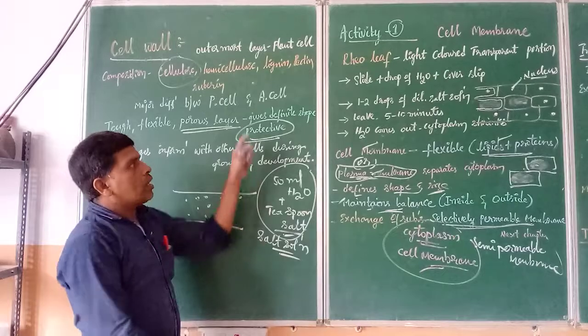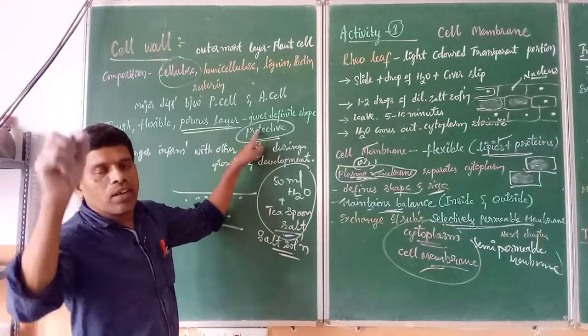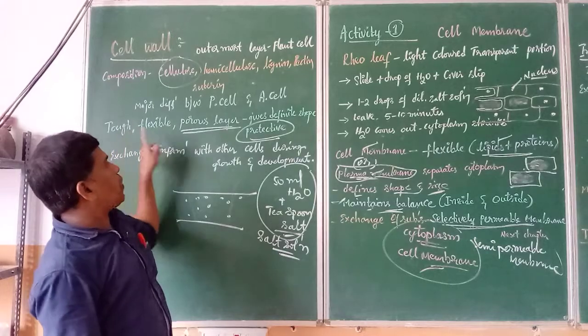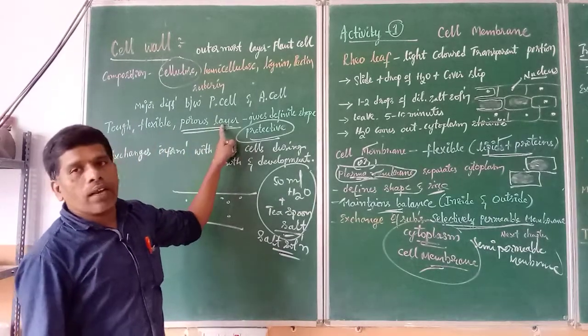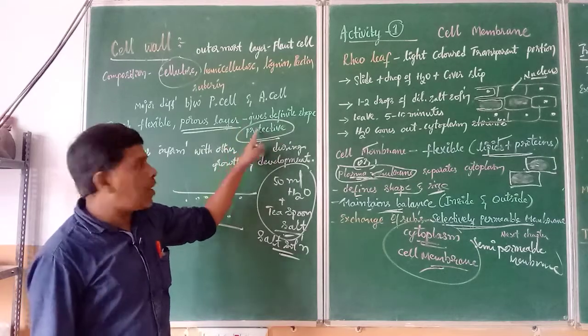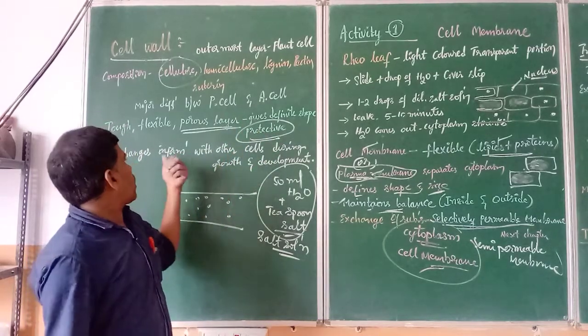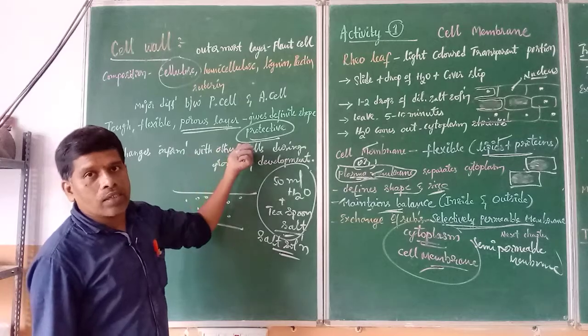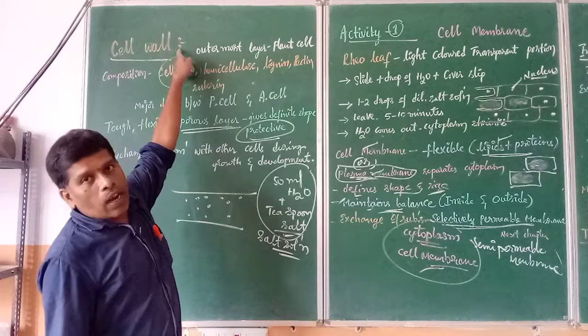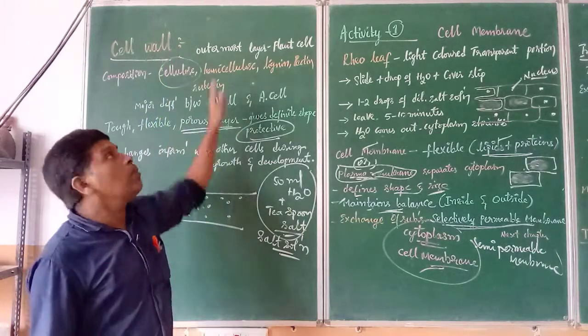Like that, in the plant cell, to protect the cell, the outermost layer is the cell wall. So we call it a tough, flexible, porous layer which gives a definite shape and is protective in function. The exchange of information between the cells happens during growth and development because of the presence of the cell wall. Okay, so this is all about the cell wall.